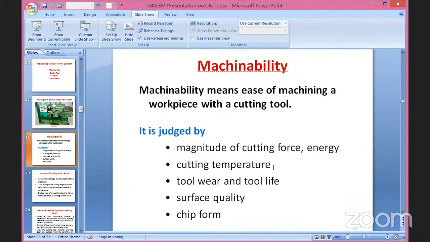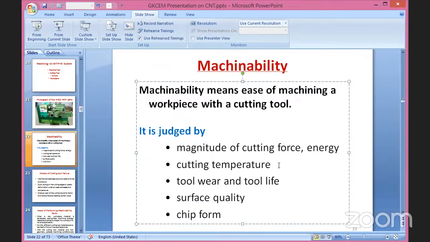Then cutting temperature, because during machining a lot of deformation is taking place, and this deformation is also liberating some amount of heat energy. This heat energy should be controlled as much as possible, so that the cutting temperature rise should not be very high. That is also one important issue.